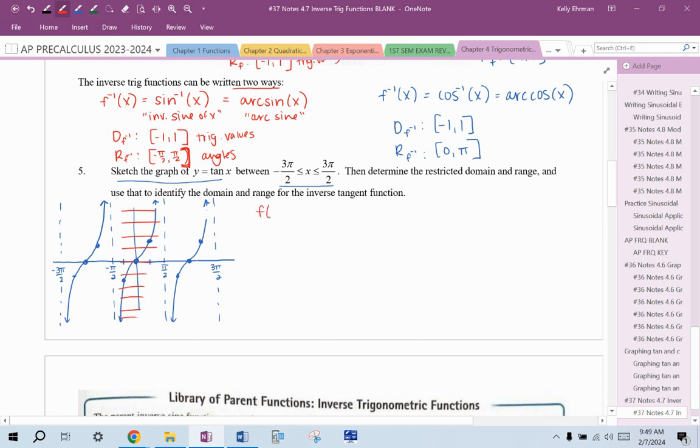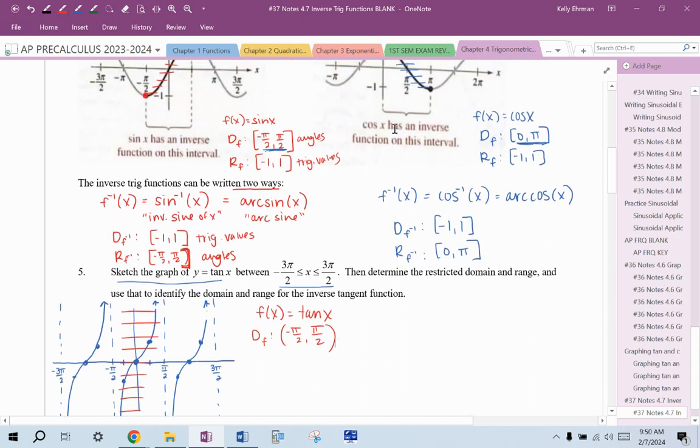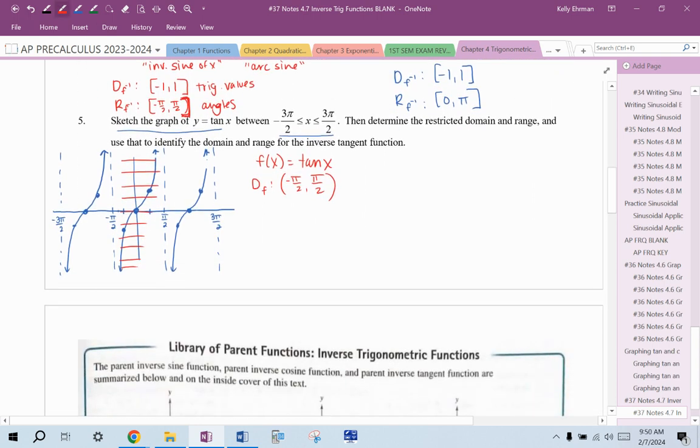So let f of x equal tangent x, but we're going to restrict the domain of f to be between negative pi over 2 and pi over 2. Now, I'm not including those endpoints like I did for the other two graphs because tangent is undefined at negative and positive pi over 2. And then what's the range of this branch of tangent? Well, it goes across all real numbers.